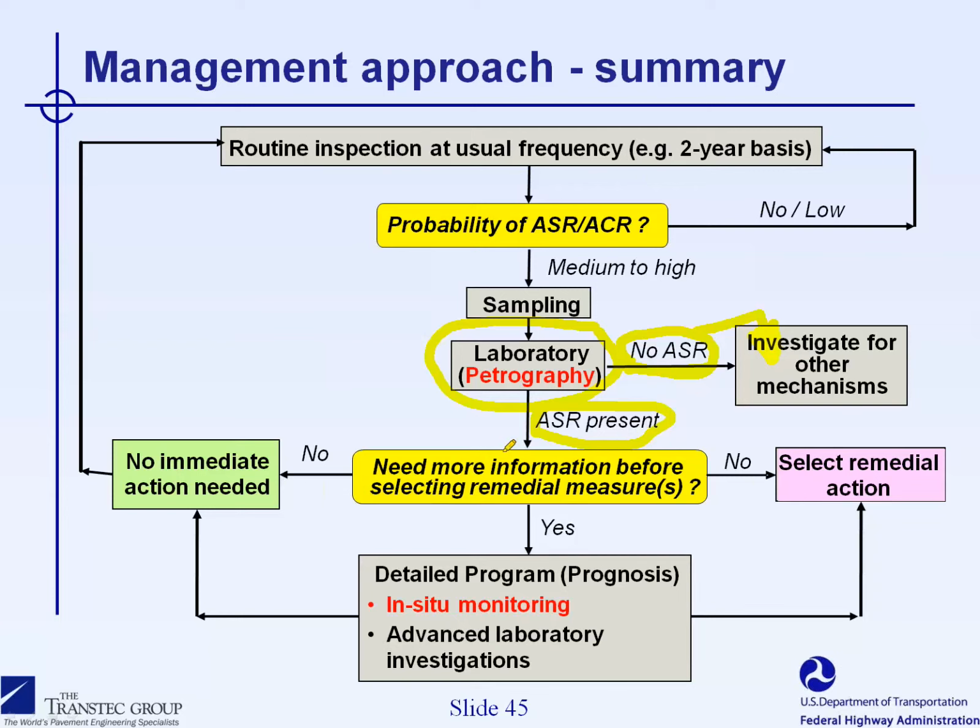But if ASR is present, then engineers will determine at that stage whether or not it is required to do some further testing, evaluation, or if mitigation or remedial action can be taken right away.